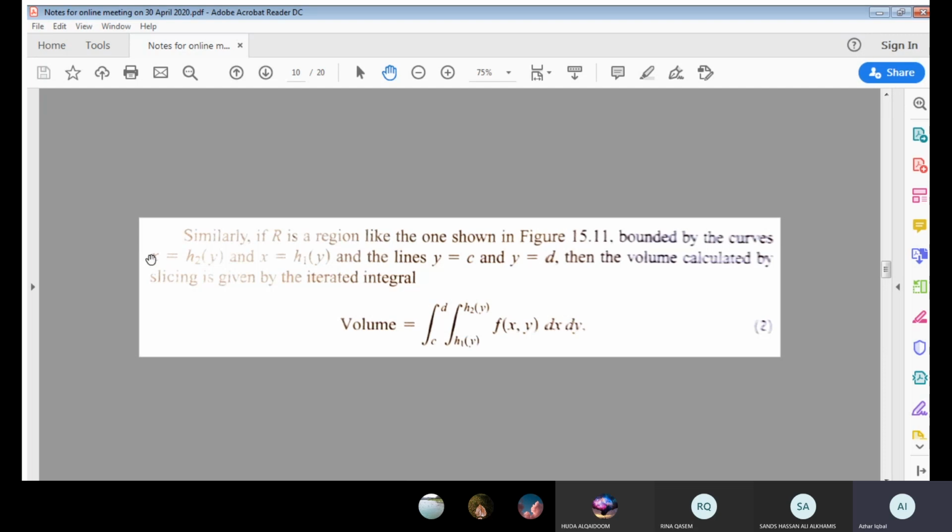Here x is defined as a dependent variable of the independent variable y. So instead of the usual definition where y is dependent and x is independent, here we are considering y to be the independent variable and x the dependent variable. Still these two equations are defining two curves in the xy plane.